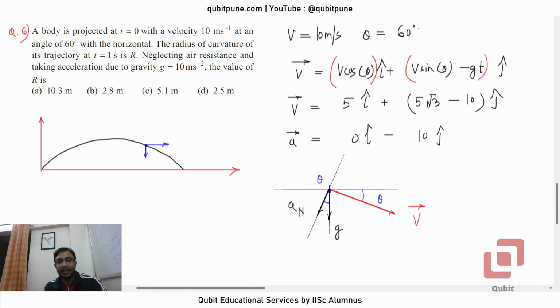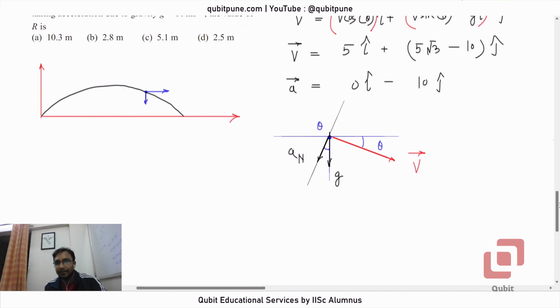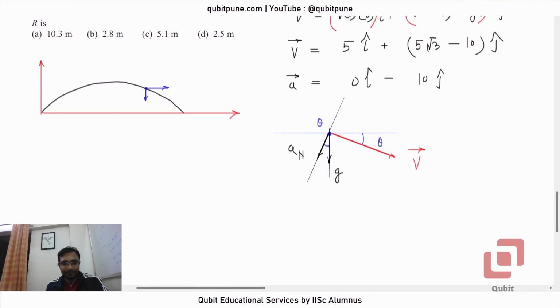Can we find that angle theta, or if not, can we find its cosine? I think we can find its cosine because cos theta is x upon r. We know the x component, so we just need to know the speed.